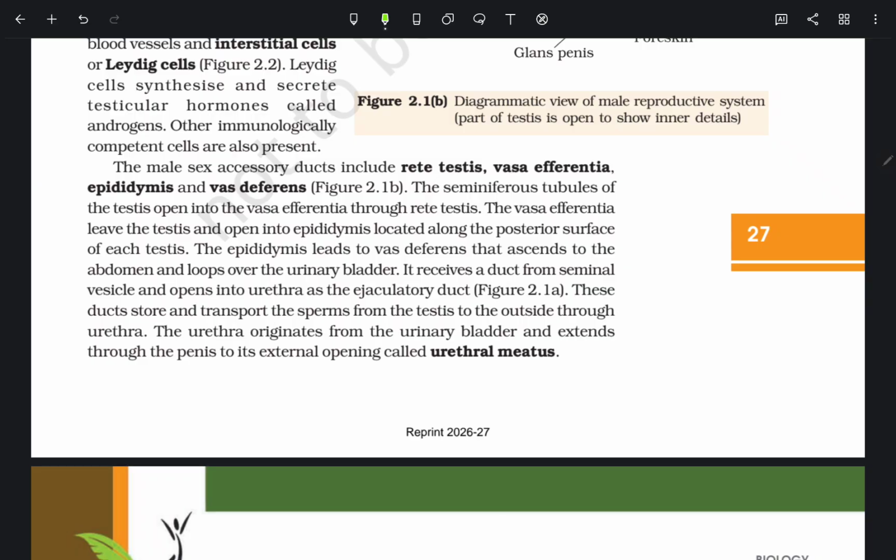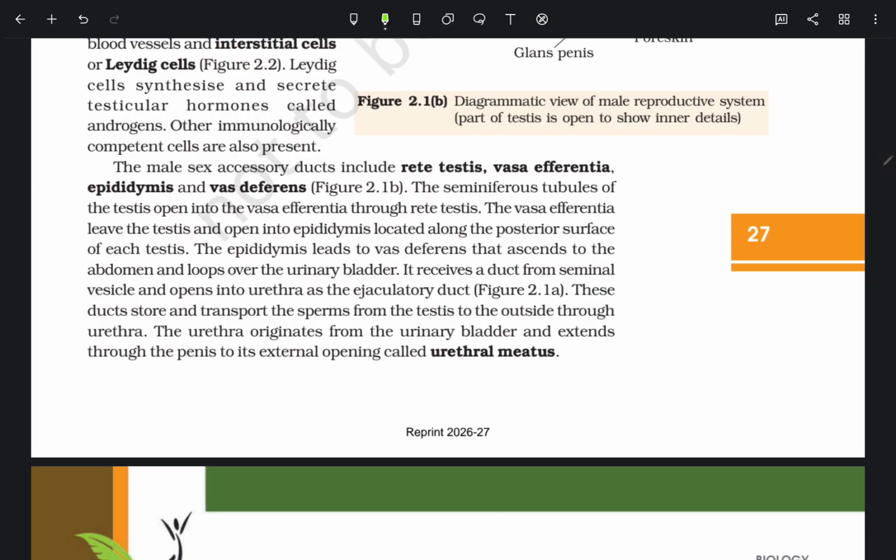The epididymis leads to the vas deferens that ascends to the abdomen and loops over the urinary bladder. It receives a duct from seminal vesicles and opens into urethra as the ejaculatory duct. These ducts store and transport the sperms from the testis to the outside through urethra.